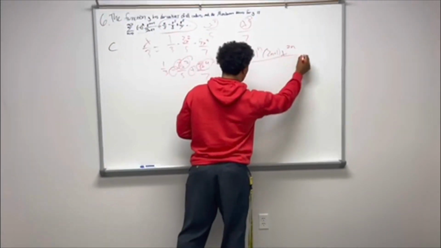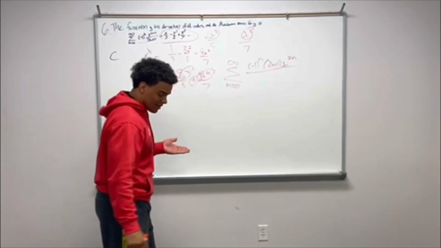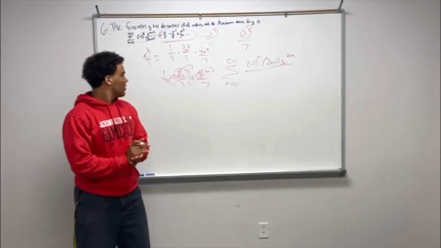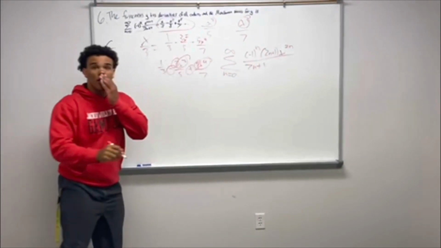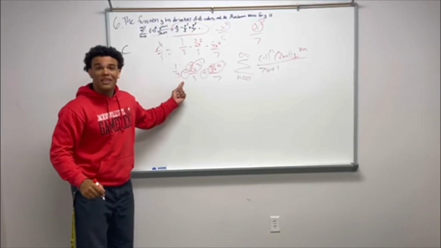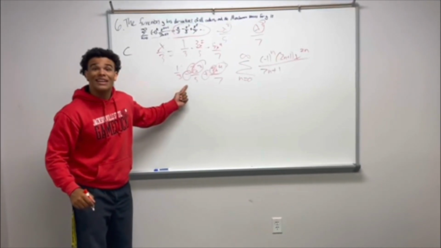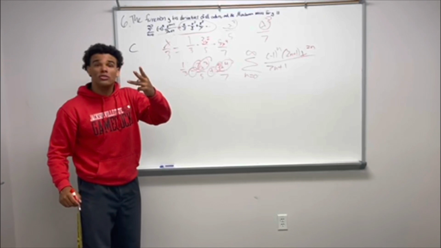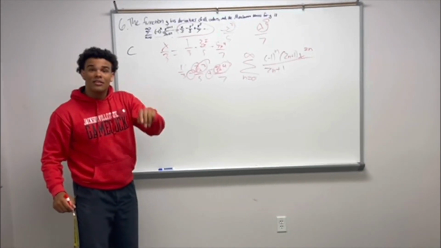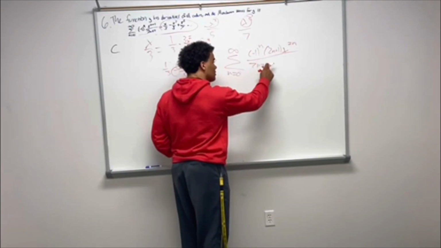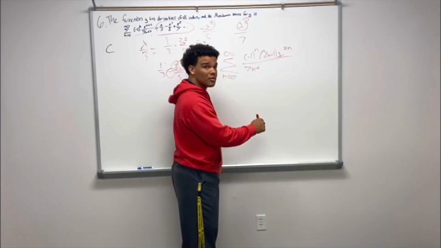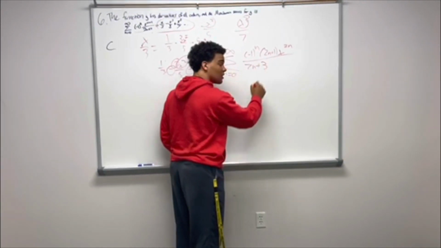And then we put it over 2n plus 1. Wait! That's a 3. It's a 3. One, two, three. That ain't a 1. It's a 3.